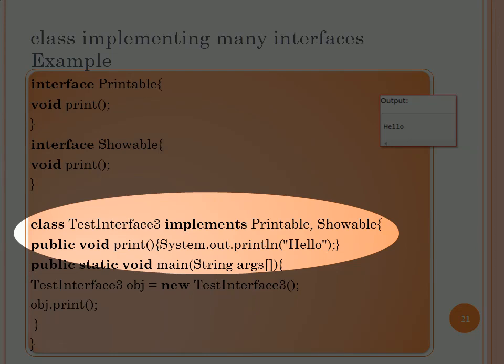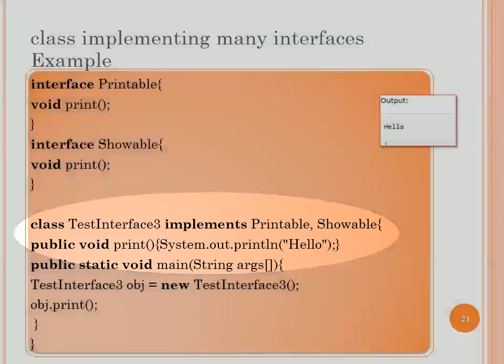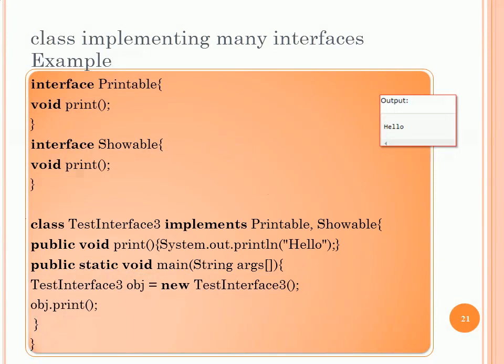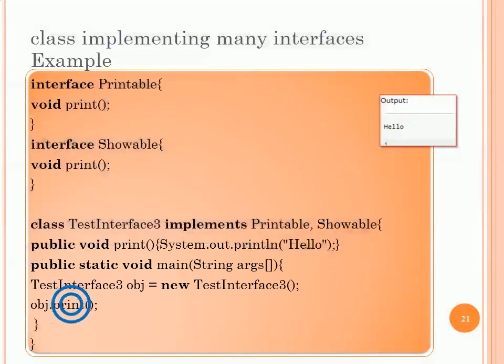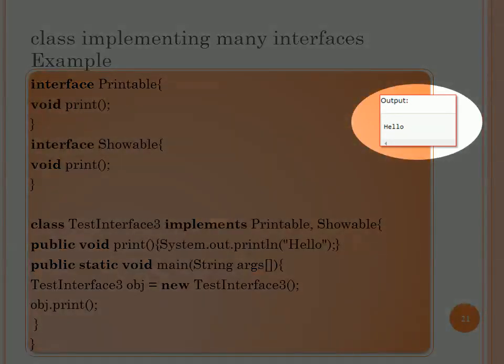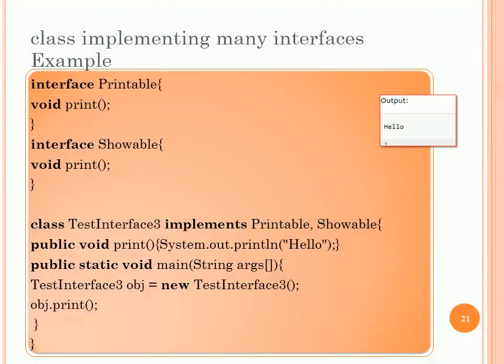Is it related to printable or showable? It does not matter. Both of them are abstract methods. They don't have a body. In this case, in testinterface3, we are simply printing hello. So now in the main, let's create an object of type testinterface3 and let's call the function print. It will definitely print hello. No ambiguity in this case.